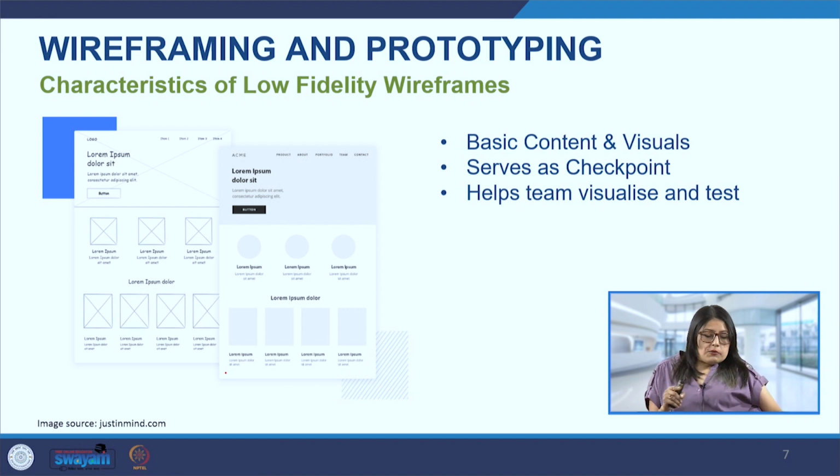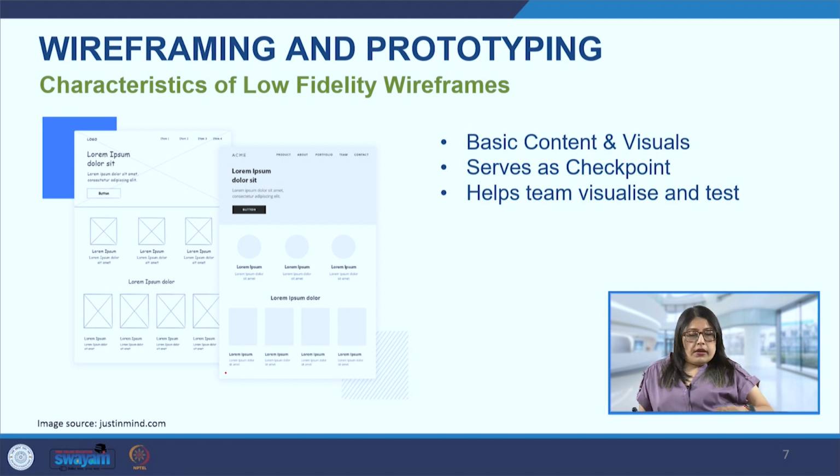We also have some squares with crosses which show that some image will be added here, and below that again there is some text, and then again the lorem ipsum is there in bold and the font is larger. That means it is again a heading, and underneath that heading we again have a few images. So it is showing us the structure of what the page will look like.